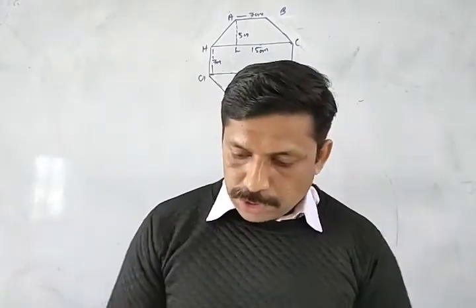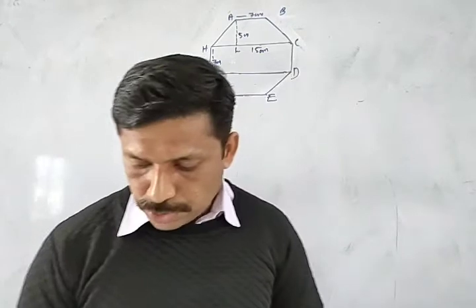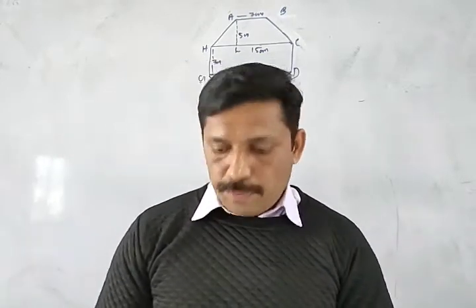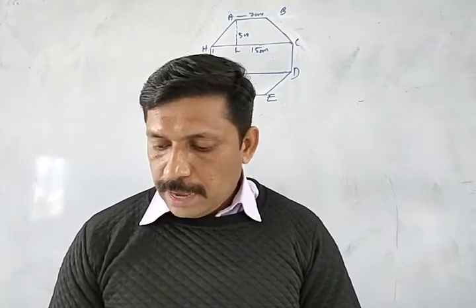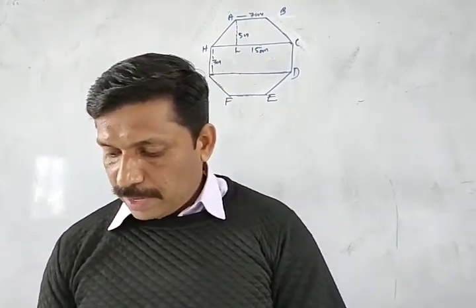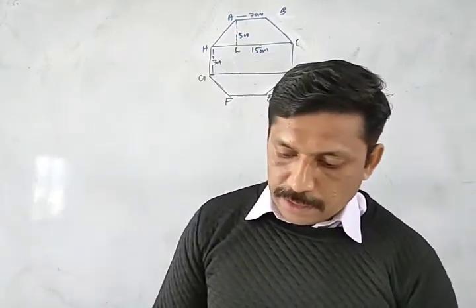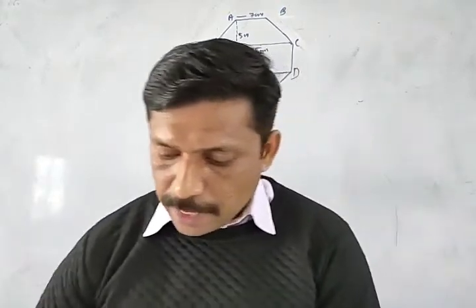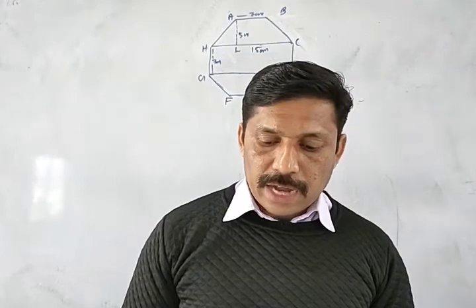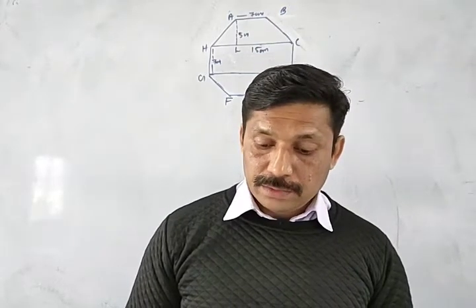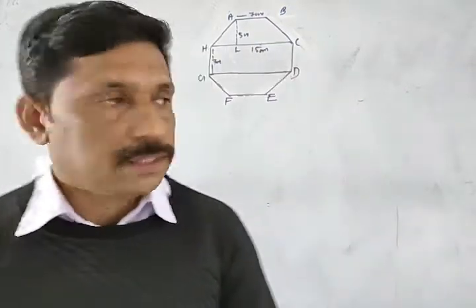Now, students, next question, 14.3, fourth question. Find the area of a regular octagon ABCDEFGH having each side equal to 7 centimeter. Height HC is 15 centimeter and AL perpendicular to HC such that AL is 5 centimeter.